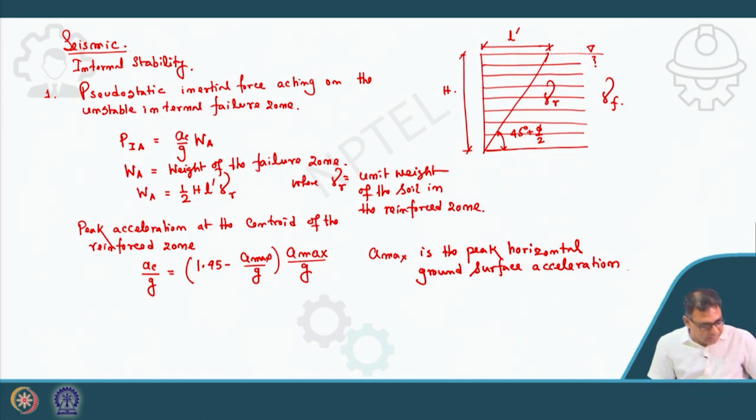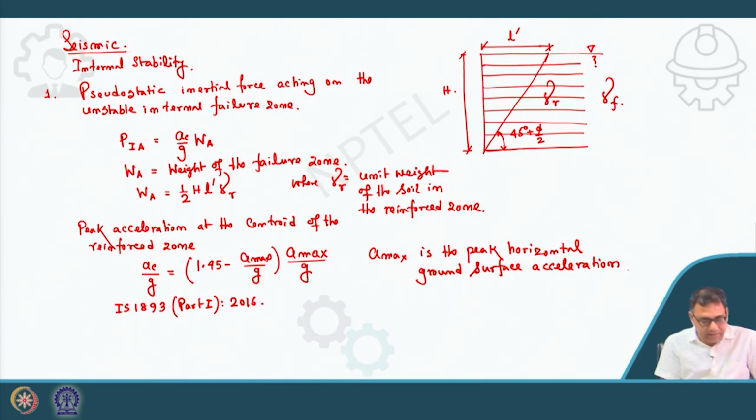And one more thing, by using the different codal provisions also, you can calculate your K_H, but our IS code 1893 part 1, 2016.